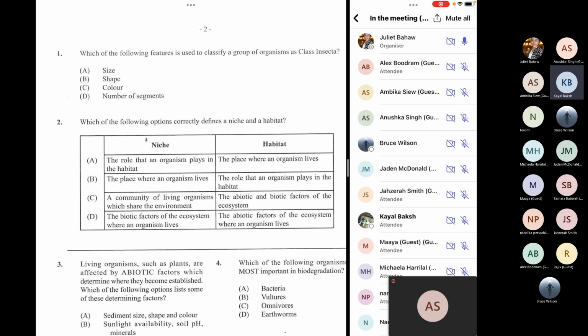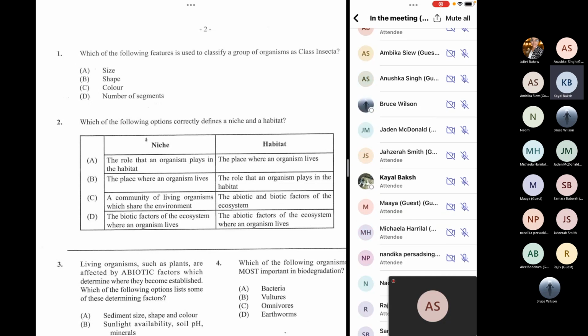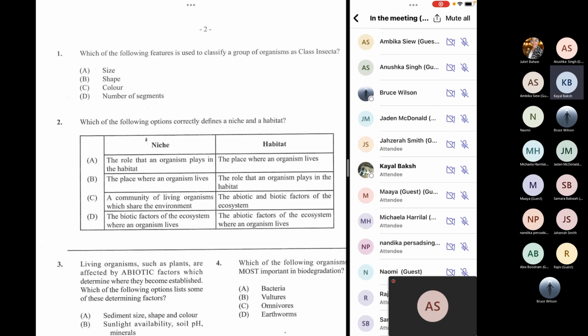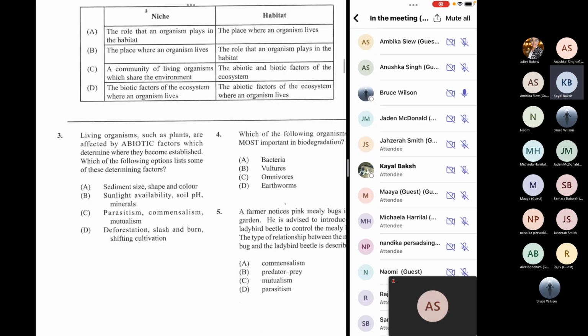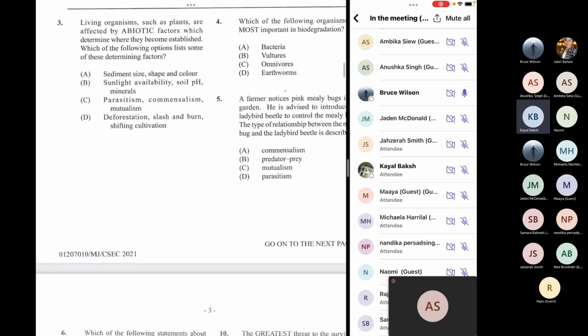Number 3, Bruce. Miss, read out the question first, so answer, miss. Read the question. I want it sticking in all your heads. Okay, miss. Living organisms, such as plants, are affected by abiotic factors which determine where they become established.